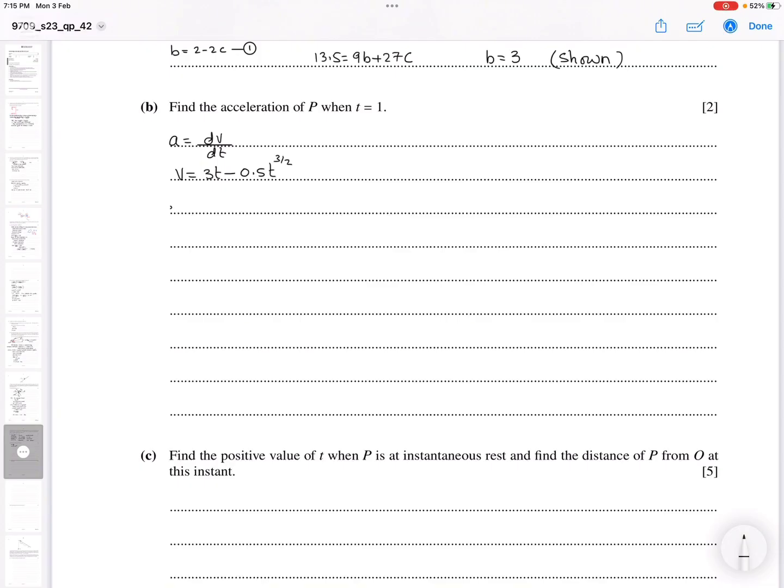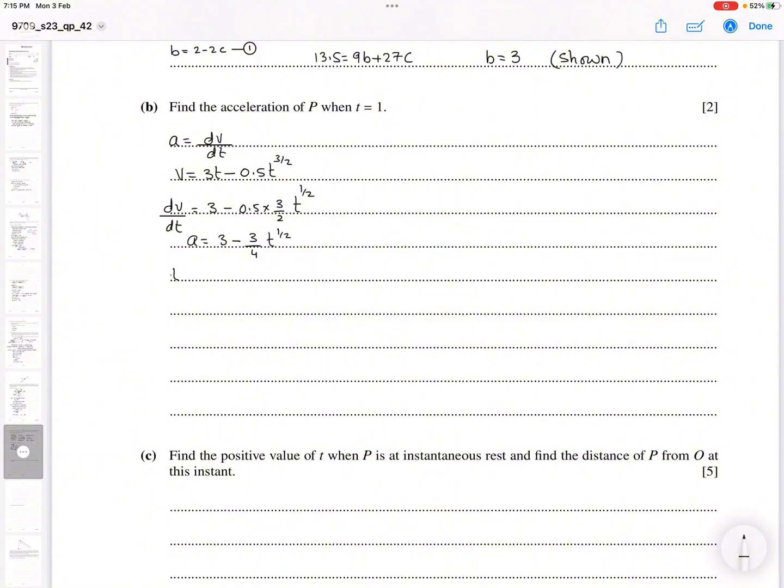Now differentiate it, so dv over dt would be equal to 3 minus 0.5 times, bring down the power 3 over 2, subtract 1 from 3 over 2, and that would be 1 over 2. So your acceleration is 3 minus 3 over 4 t power 1 by 2.